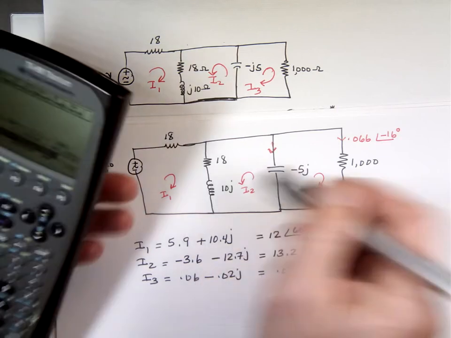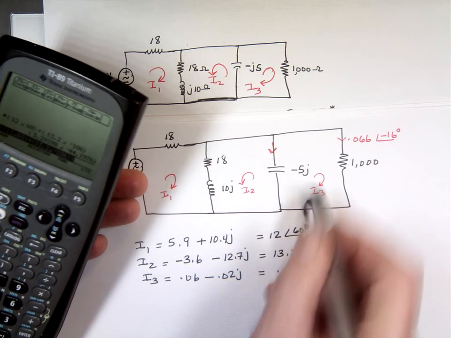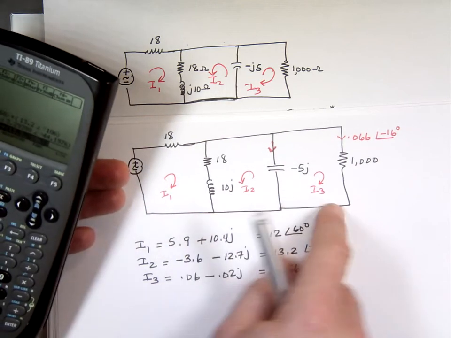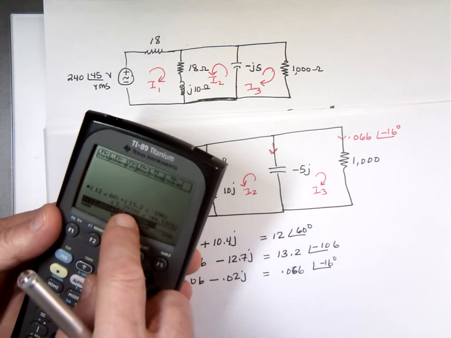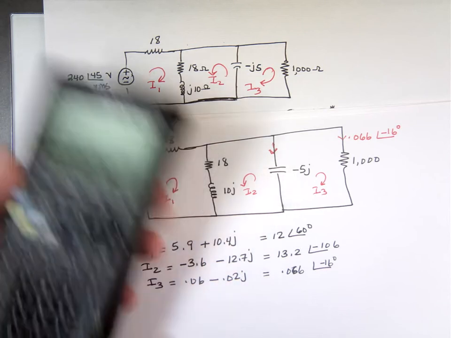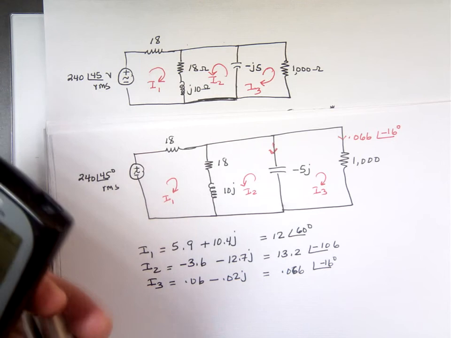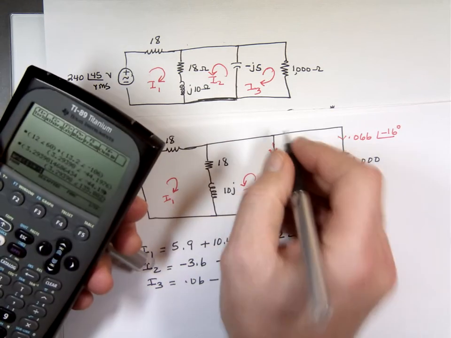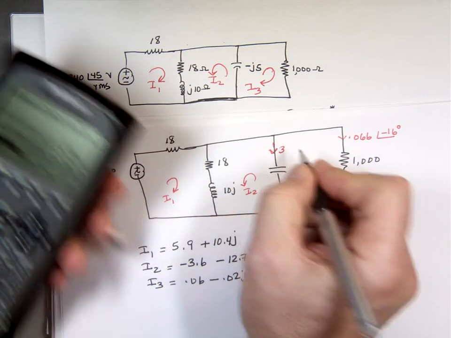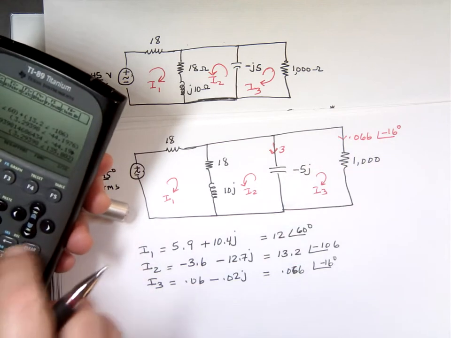So for this current coming down, if you add the currents going up, 2 and 3, it's 3.3 times angle negative 44, but I have to multiply it by negative 1. You added 1 and 2, not 2 and 3. Oh, I added 1 and 2. Let me try it again.